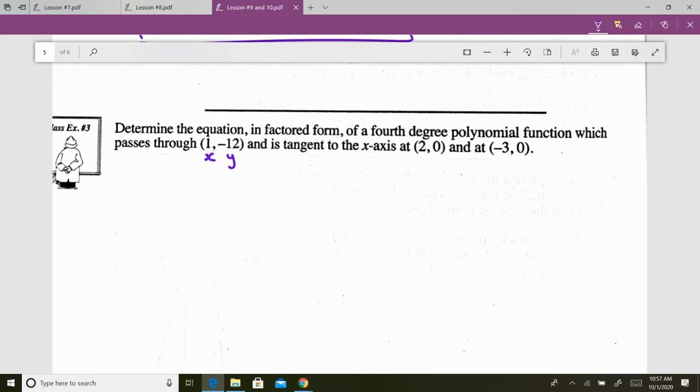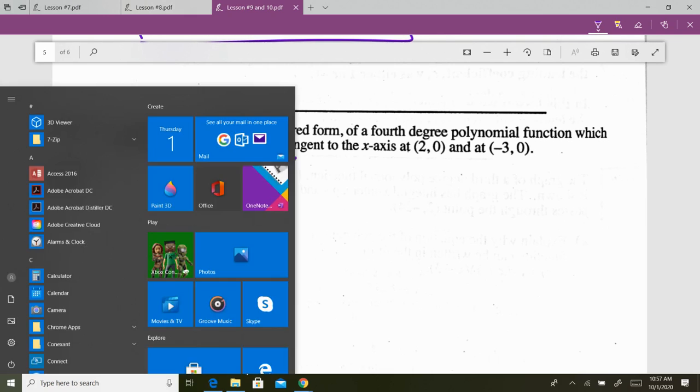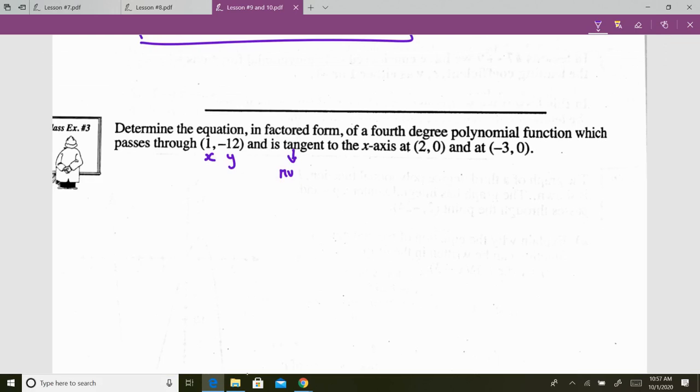And is tangent. What does tangent mean? Sorry, it bounces off, but what does that mean in terms of multiplicities? It has to be 2. So multiplicity equals 2. It's tangent at the x-axis at the point 2, 0 and negative 3, 0.